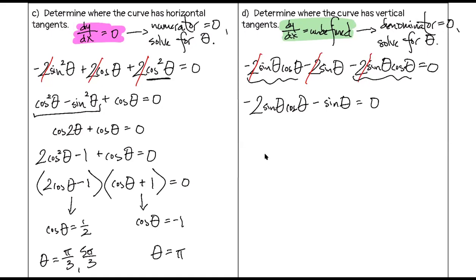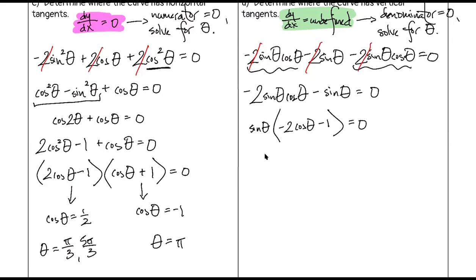So if I turn this into a 2 theta, it's not necessarily going to be helpful. So what we're going to do instead is keep what we have, and factor that sine theta out of both terms. And when we do that, we get sine theta times -2 cosine theta minus 1.